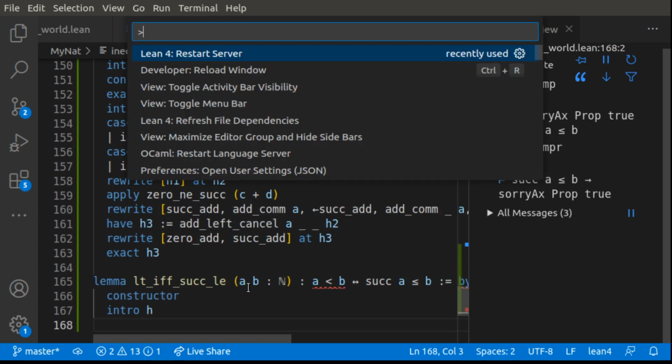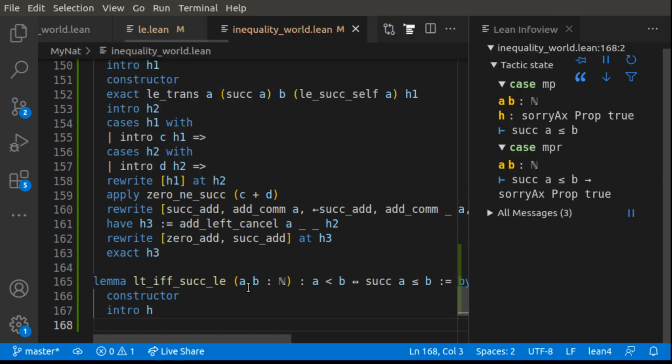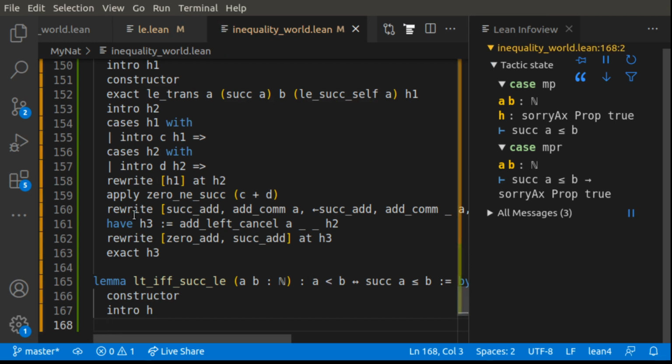Oh, I think I need to reload. Restart server. Because I just copied the constructor for less than from the other file, so it needs to reload to load it in. Then once it loads it in, it should be happy. Reload window.